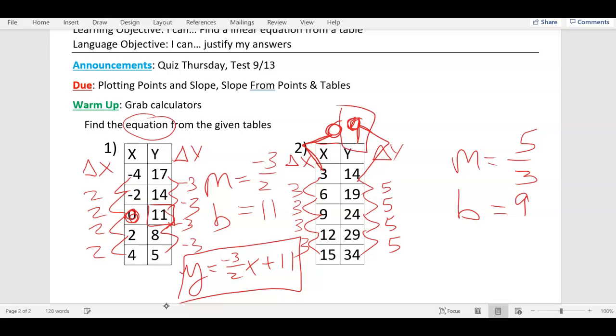So my b value, my y-intercept is 9. Okay, and last step, y equals mx plus b. Y equals 5 over 3 x plus 9. That is the answer.